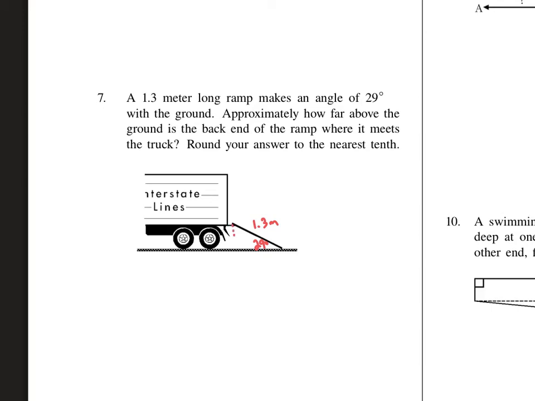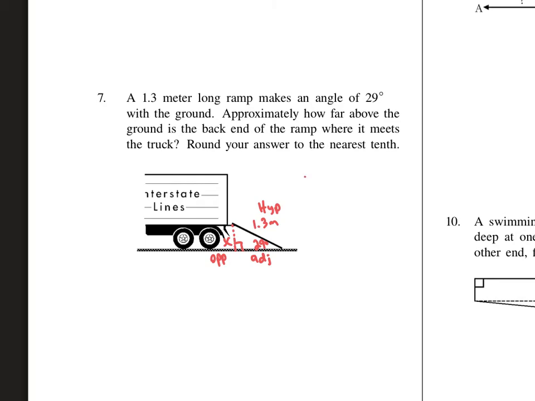And so we're going to make this into a right triangle, and we're going to solve for x here. So we have 29 degrees, we have x, which is the opposite, and we have 1.3, which is the hypotenuse. Still no adjacent. And we can set up our trig function. It's opposite and hypotenuse.